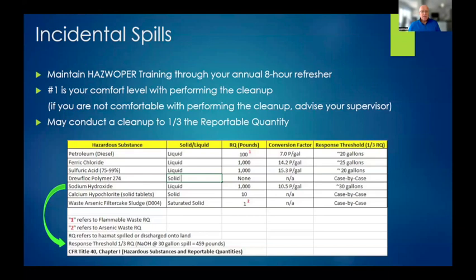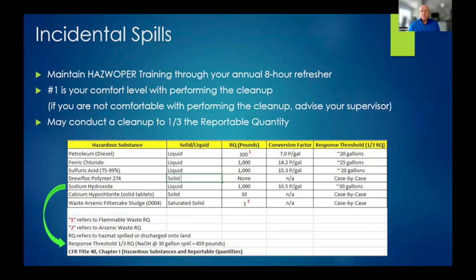So for instance, if we have a spill of diesel fuel, the response threshold, considering the safety factors and what we allow you to clean up, assuming that you've had your HAZWOPER training, if you haven't had your HAZWOPER training, you need to talk to your supervisor. And if you are going to do a spill cleanup, rely on the people that have been trained. That HAZWOPER training does require 8-hour refreshers each year.